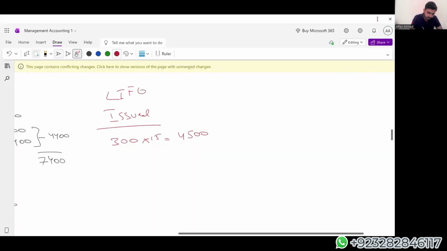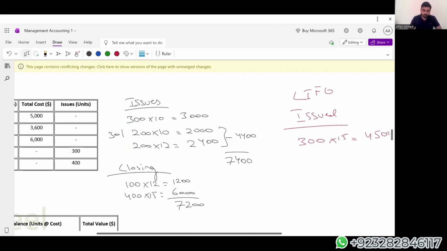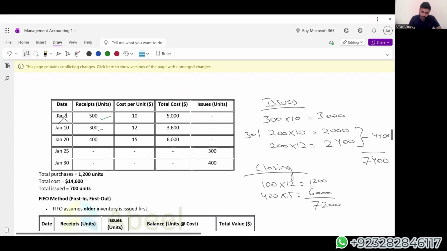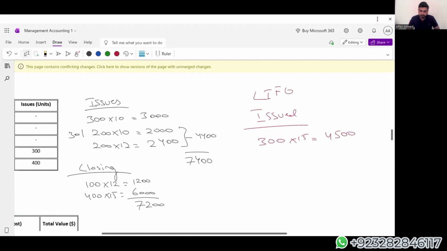Now moving on to the second transaction. The second transaction says that you are going to have to issue 400 units. Now, how are we going to issue the 400 units? We have to first of all use the remaining units of 100 from 400 and the remaining units of 300 at the price of 12. So we can easily do that. Let's see.